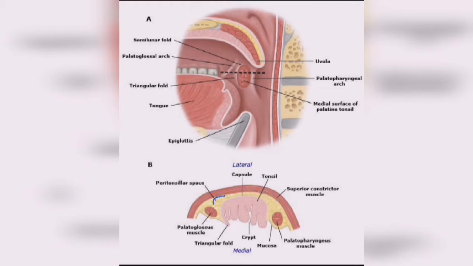This yellowish colored area is the peritonsillar space, and infection here is the peritonsillar abscess, known as quinsy. You can also see the palatoglossus muscle, the triangular folds, some crypts and mucosa, and the palatopharyngeal muscles as well.